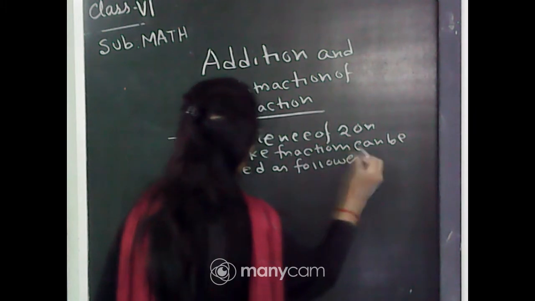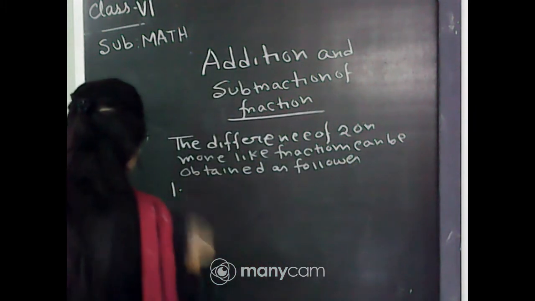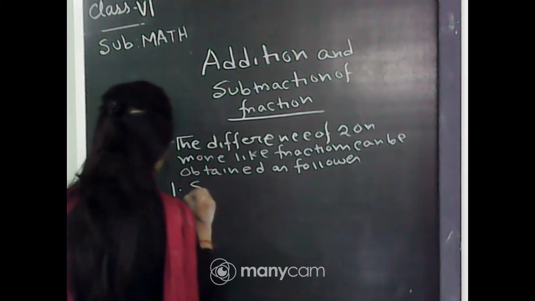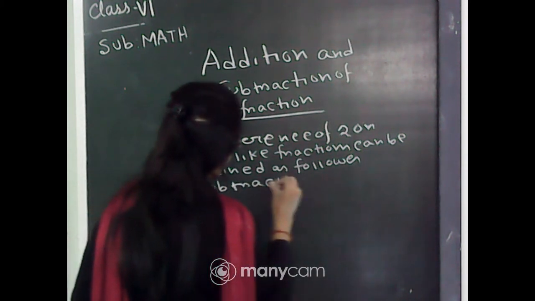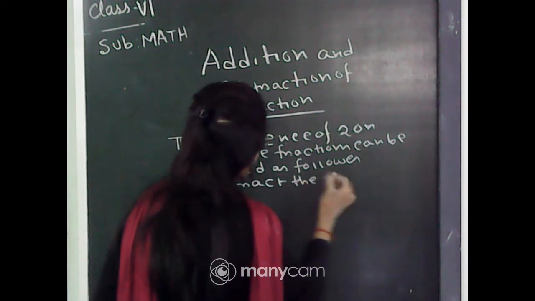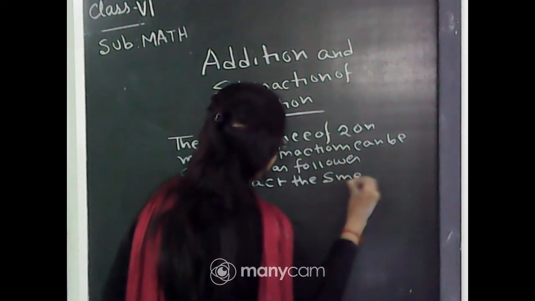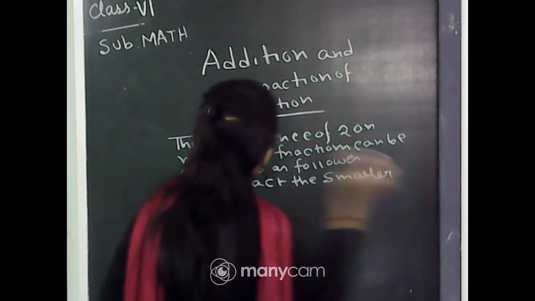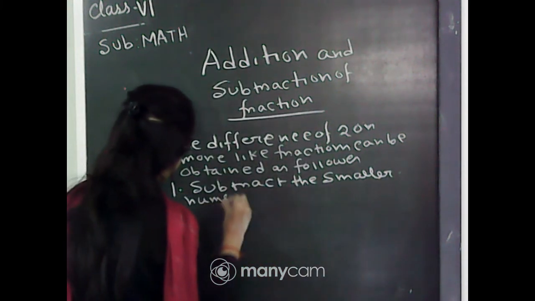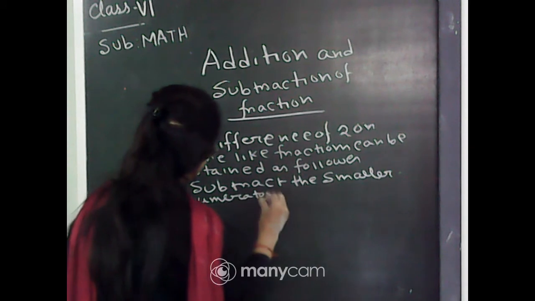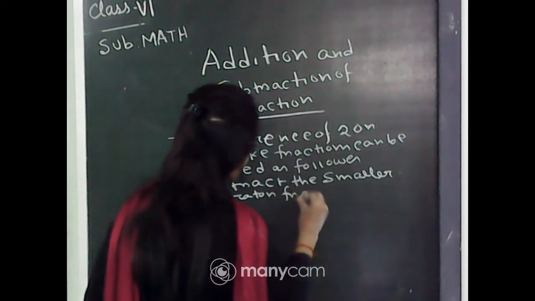First, step 1, subtract the smaller numerator from the bigger numerator.